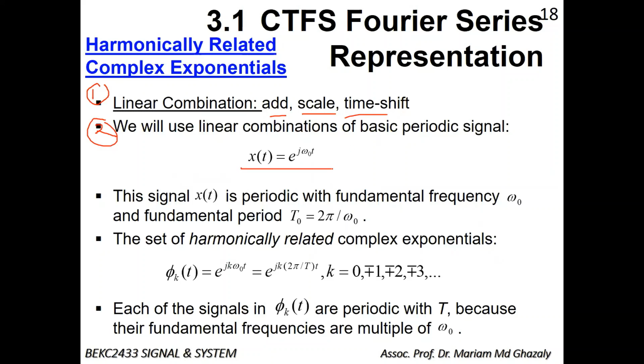The second one is that we are going to use the linear combination of basic periodic signals. So we have x(t) equal to e^(j omega t), which is actually the cosine function plus the sine function in complex number form. Given here x(t), we have the fundamental frequency omega naught and the fundamental period T naught equal to 2 pi over omega naught.